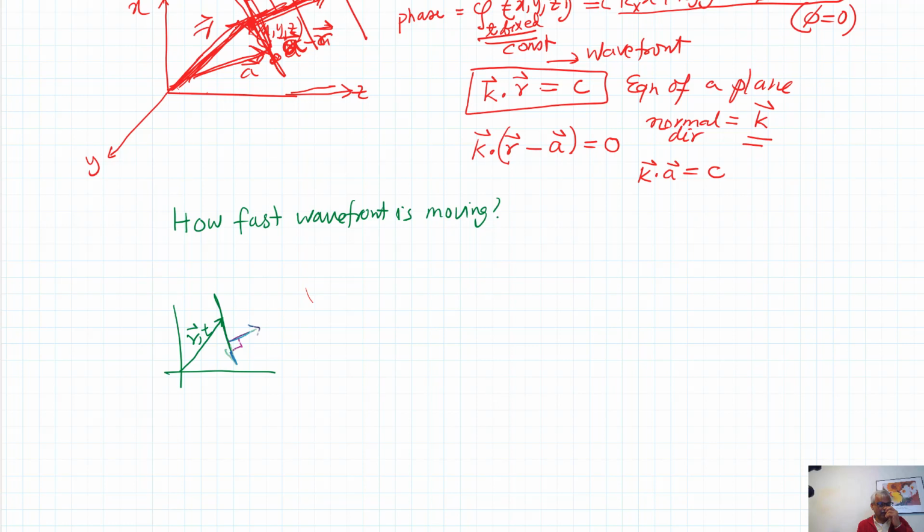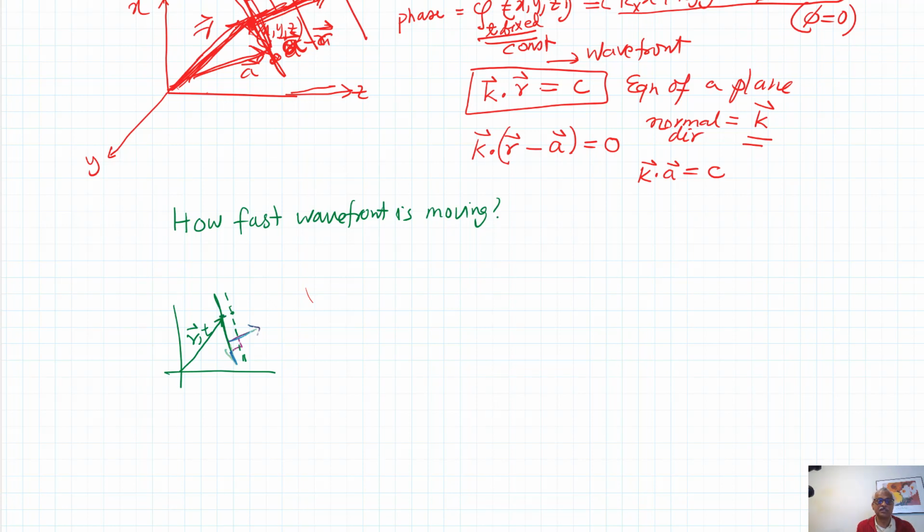Okay, so let's see, in a little bit later time, the wavefront will be here, right? So this point we're talking about, go over there.